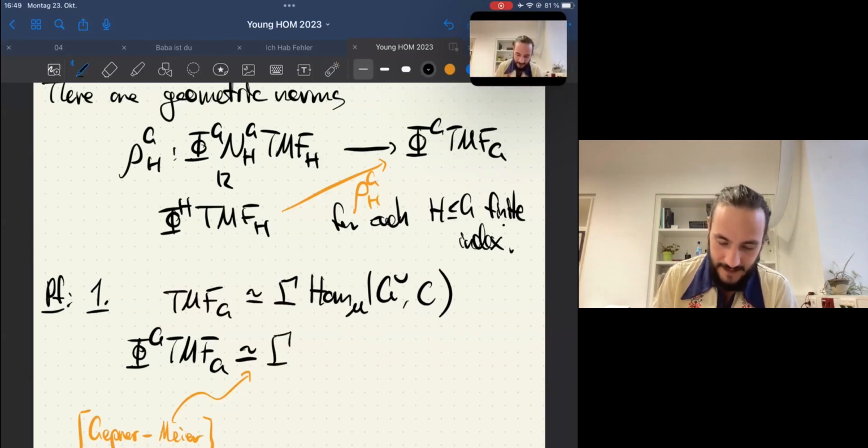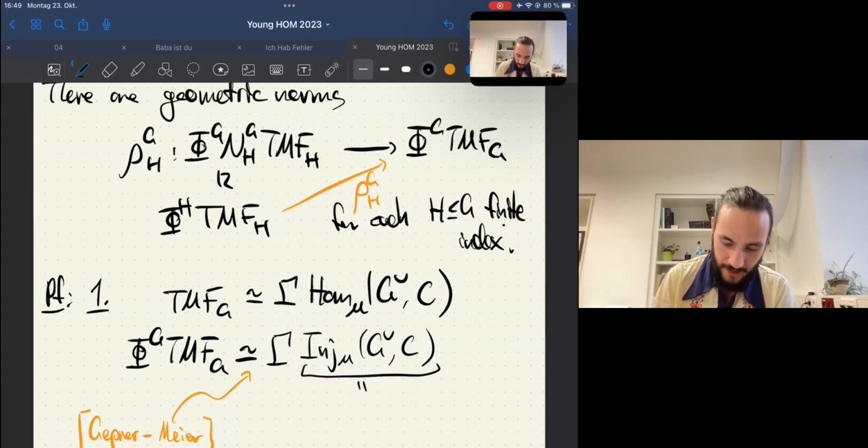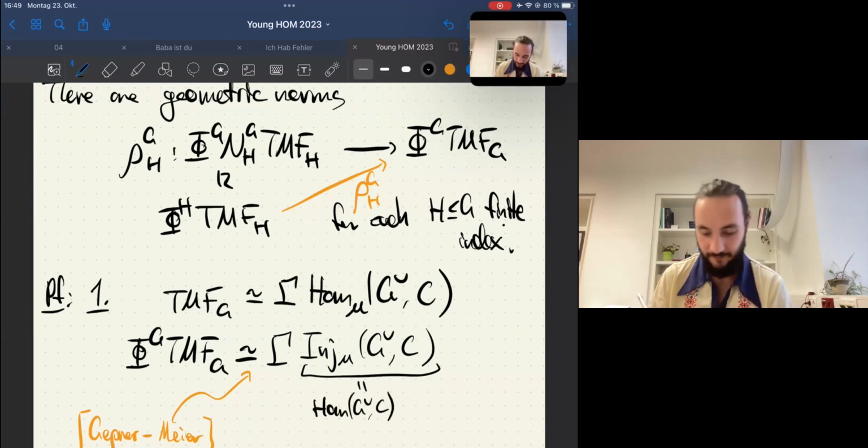So it turns out that this is the same as the global sections of some stack called Inj_G. So the stack not of all homomorphisms from this Pontryagin dual to C, but just of injections. And another way to write this would be, this is the homomorphism stack from the Pontryagin dual to C, where we remove all the closed substacks which come from proper subgroups.